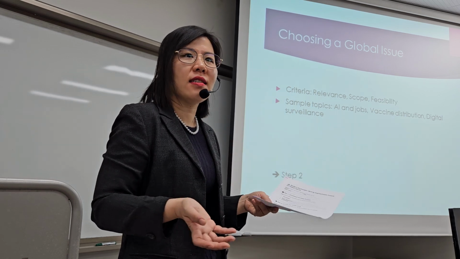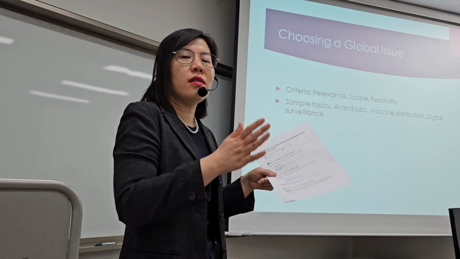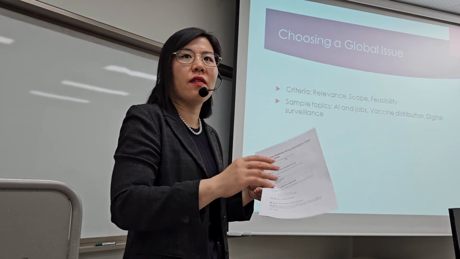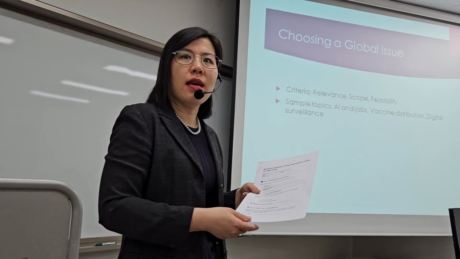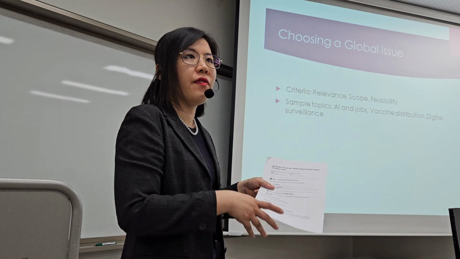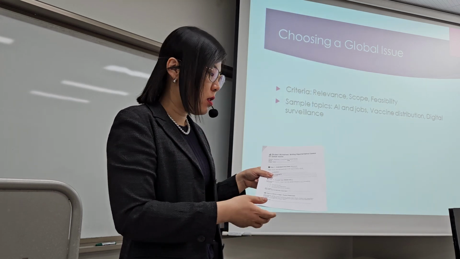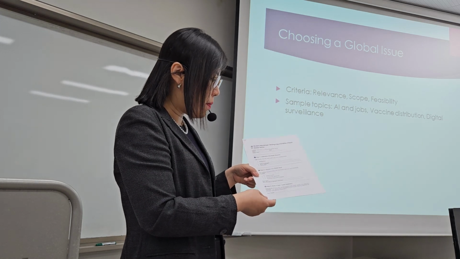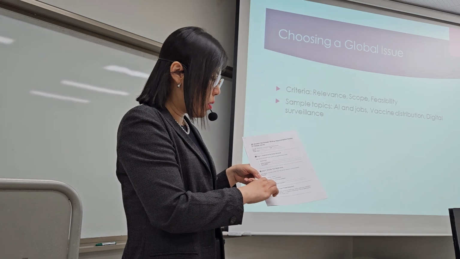So in this case, it's not feasible, right? Or if you are interested in a certain topic, but you find it very difficult to gather enough information to write about it, then it's not feasible, okay? So you think about whether the topic you're interested in has sufficient information that you can gather to use for your supporting argument.